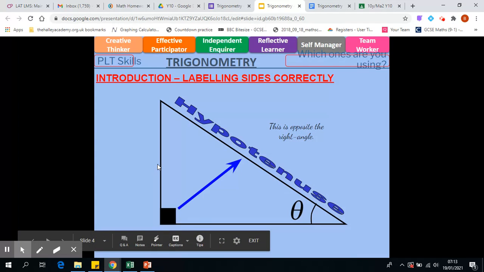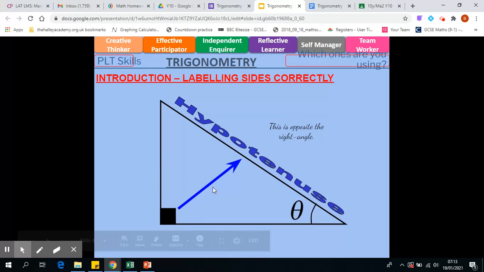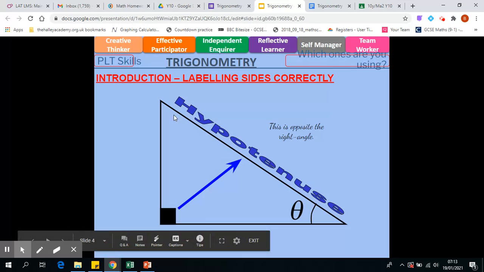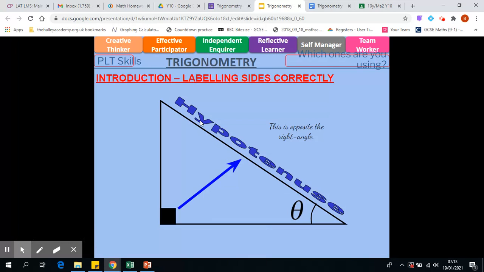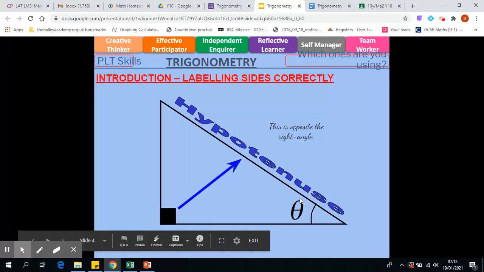You're finding it harder to label the opposite side and the adjacent side. Now, trigonometry is used when an angle is involved. We can't use Pythagoras because it involves another angle apart from 90 degrees.